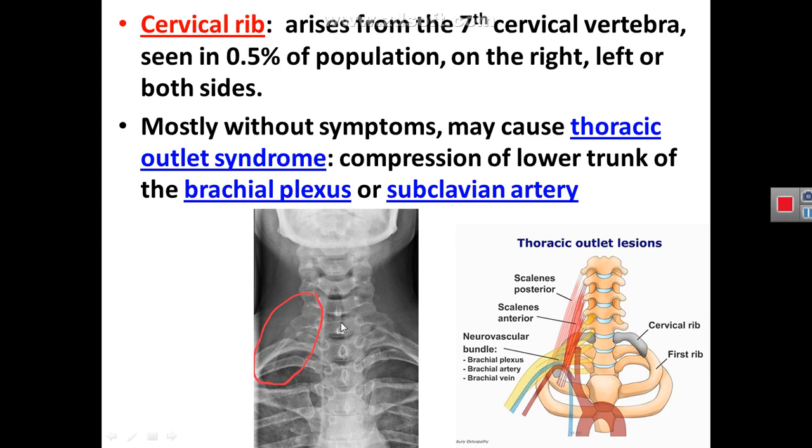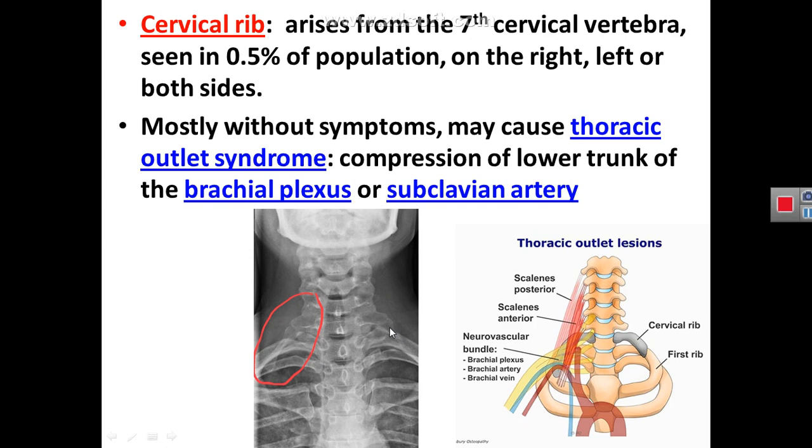C7, the 7th cervical vertebra, should not be attached laterally to a rib. But sometimes, in about 0.5% of the population, you may find a rib attached to the C7 vertebra, and this rib is called a cervical rib. It may be discovered accidentally during chest X-ray examination for any reason, for example, chest infection.